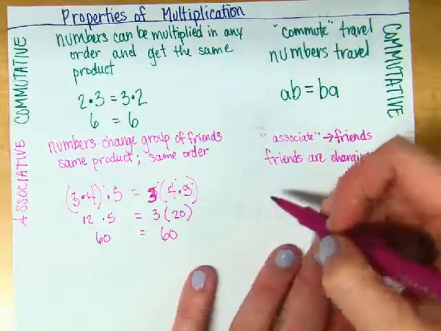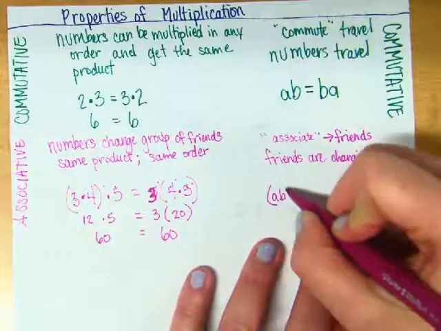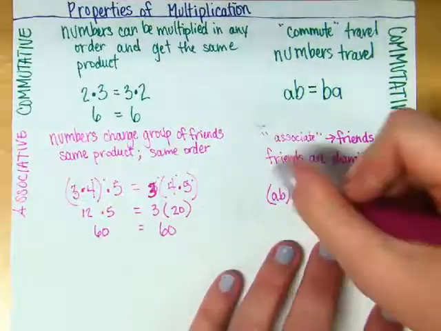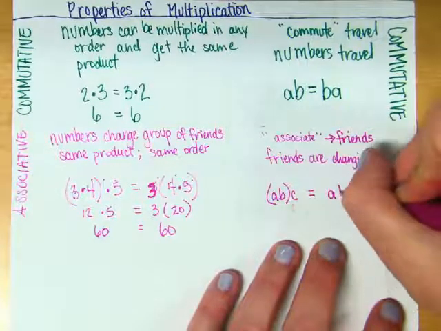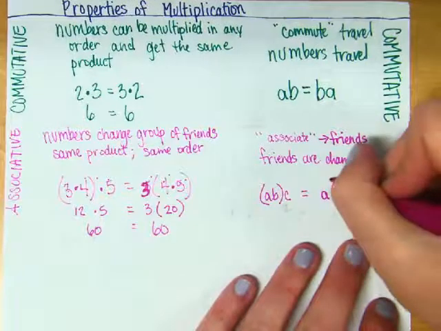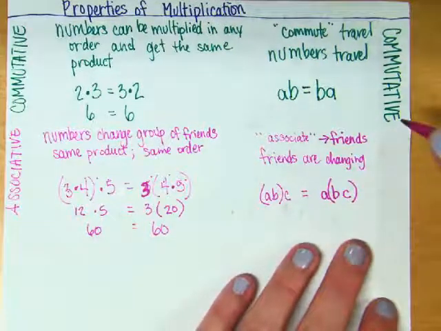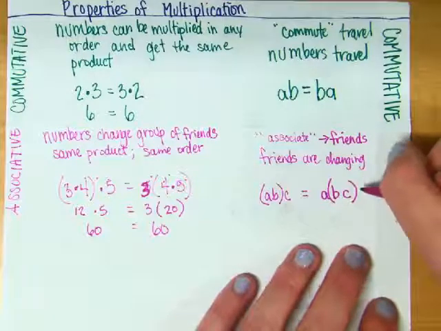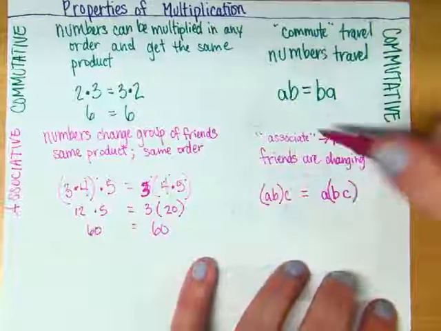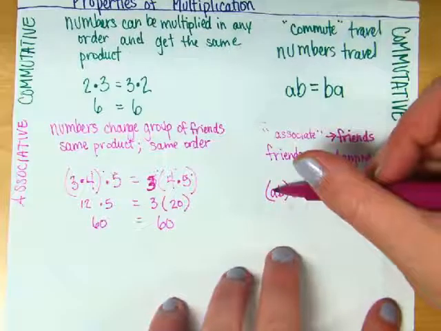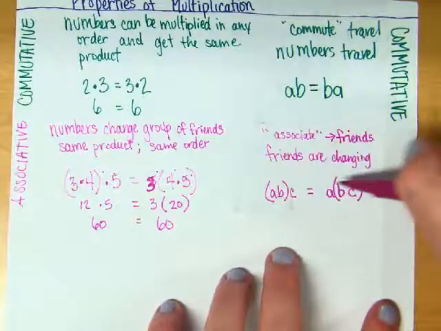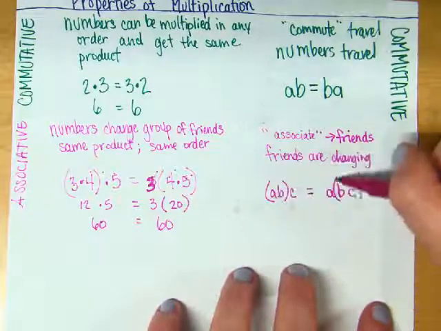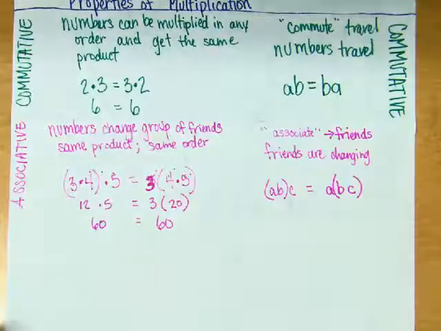And that would look like with variables if A and B are in parentheses being multiplied, and C's out here by himself and sad, then on the other side we would have A outside the parentheses, lonely and sad, and B and C are together in the parentheses in the friendship. Note that it's still in alphabetical order, A, B, C, A, B, C. The order is the same, but who is inside the friendship, the parentheses, has changed.